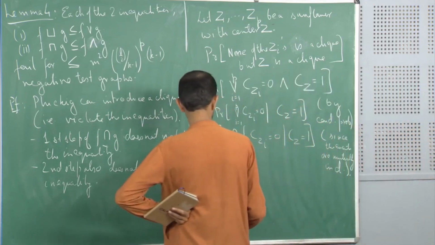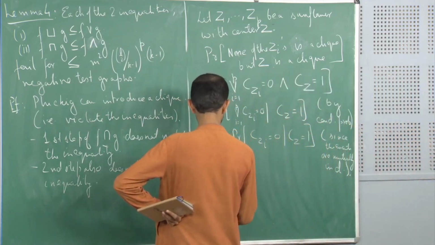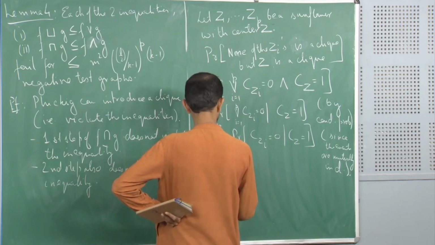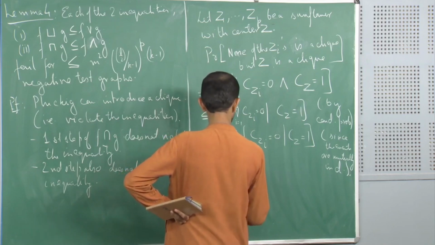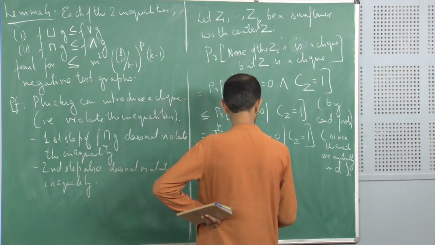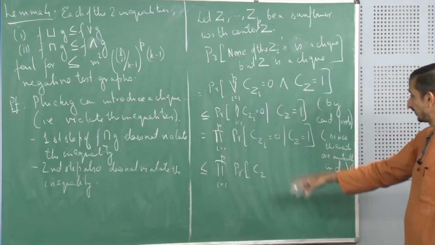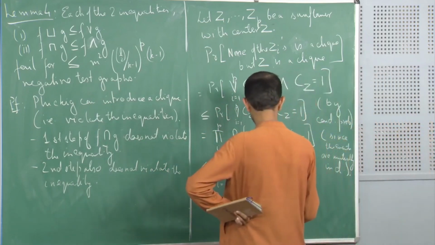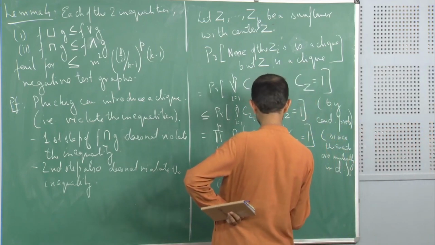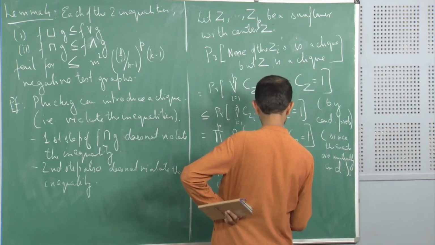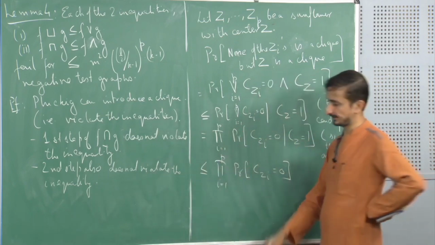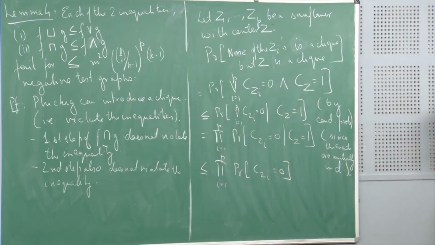Therefore this is bounded by the product over i going from 1 to p of the probability. This is just simple working out. If you have two events that are negatively correlated, it follows that this is at most the probability that CZi is 0, and I can write it as this.